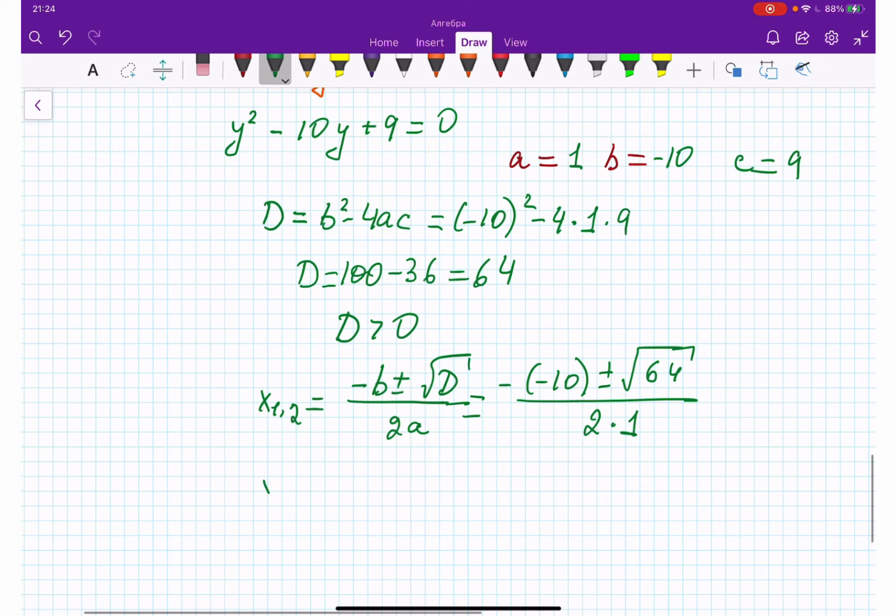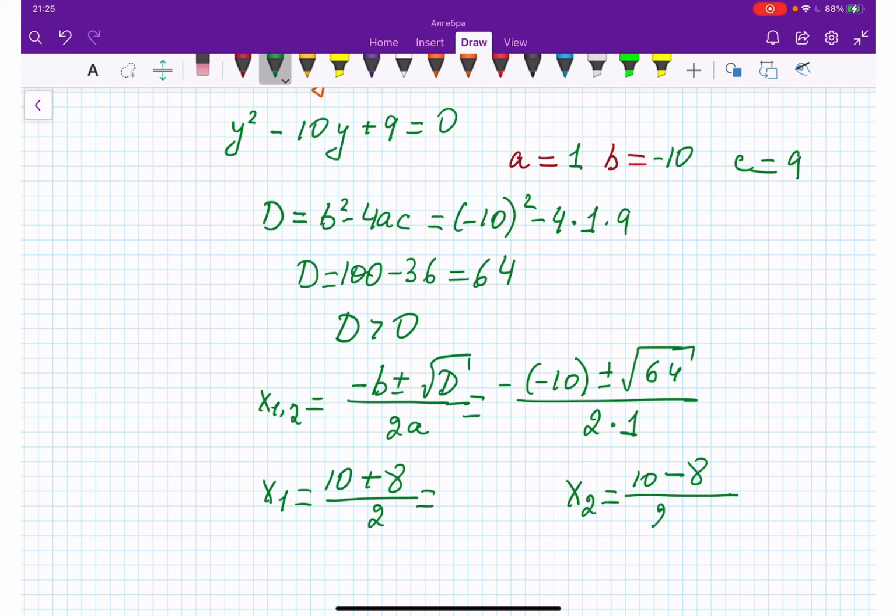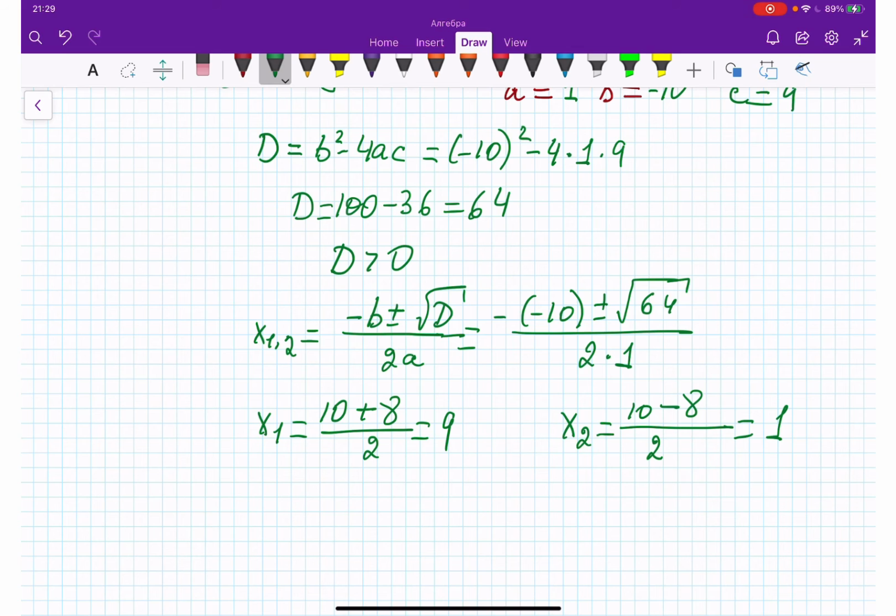And from here, x1 is equal to positive 10 plus 8 divided by 2, x2 is equal to positive 10 minus 8 divided by 2. This is going to be 9, and this is going to be 1.